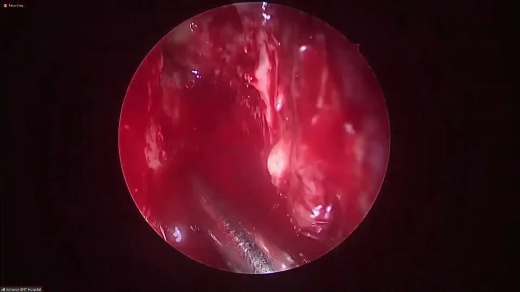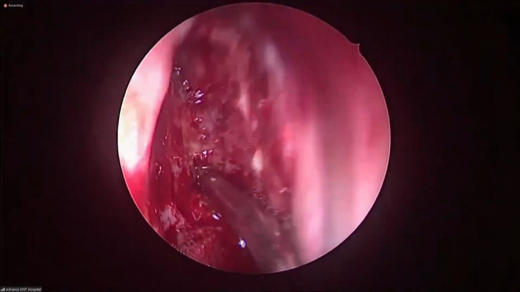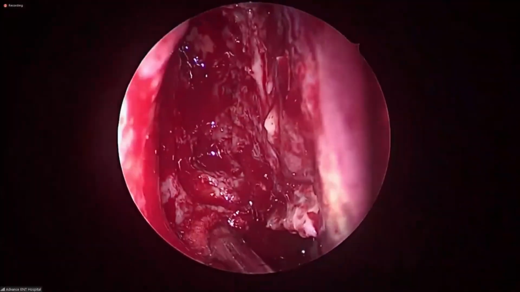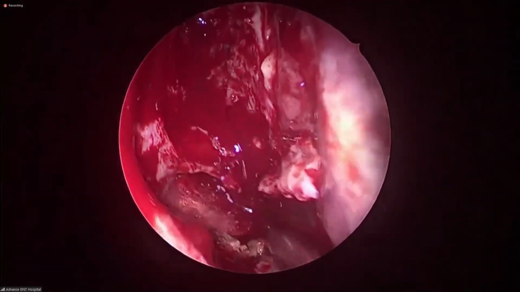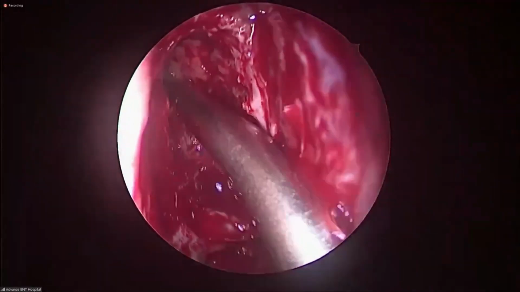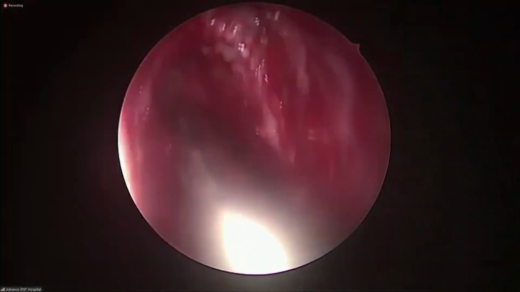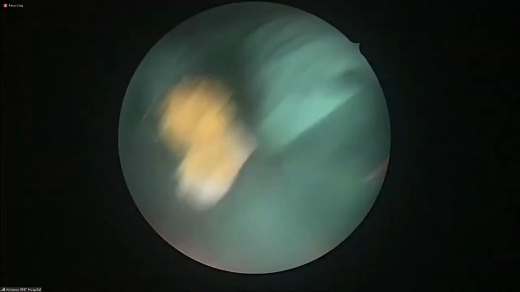So far, I was doing with a 0 degree. See, my corridor has opened up. My medial and lateral limit you can see, and anteriorly I am reaching towards the beak without any issues.